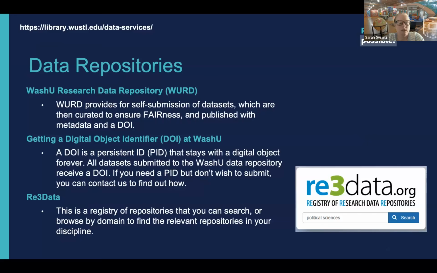And we will mint a DOI for you that will stay with that data set. And then that re3data repository I mentioned earlier is another good place if, for whatever reason, you aren't submitting to the WashU research data repository, you can find a disciplinary repository there.